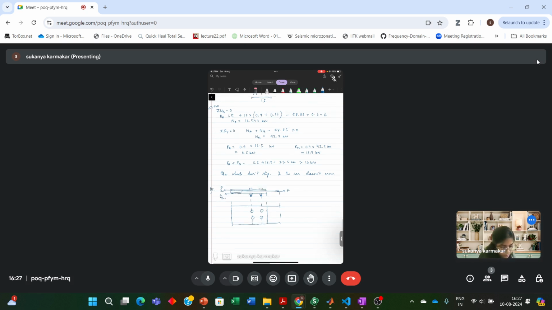And in the question, you have to determine the maximum force P that this connection can support so that no slipping occurs between the plates.